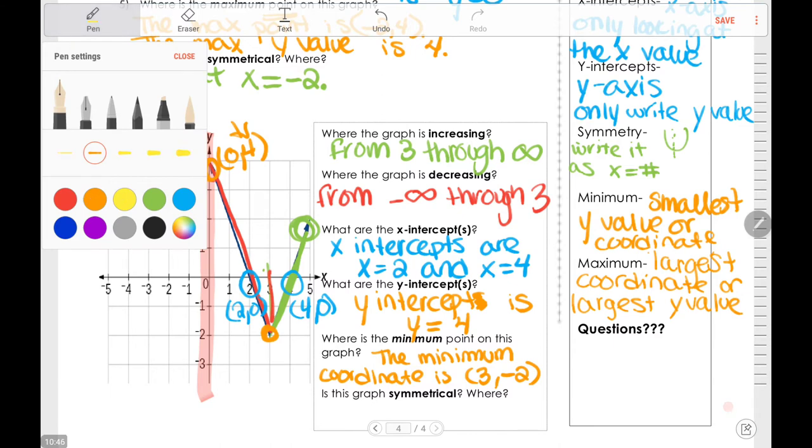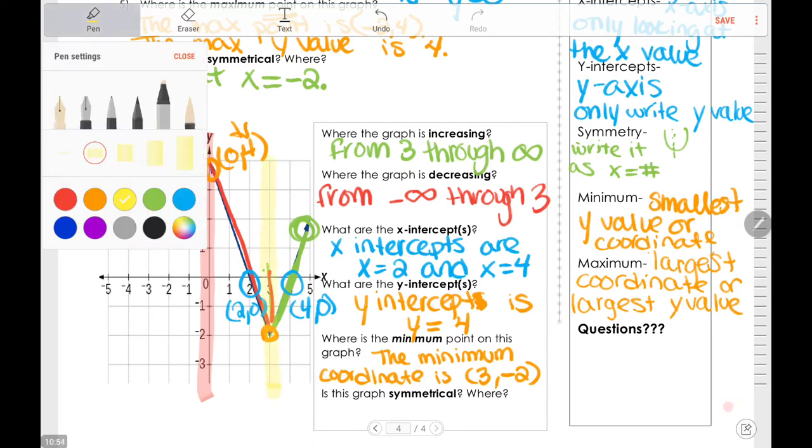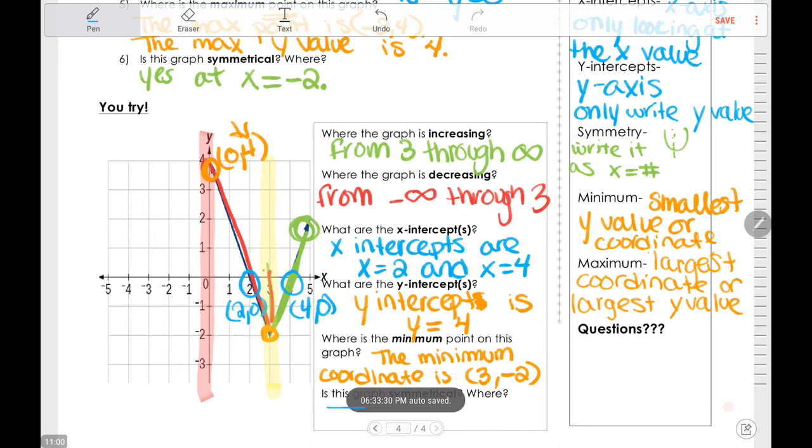And where is the graph symmetrical? I'll draw the imaginary line. It is symmetrical right down the middle. And again, we write that as it is symmetrical x equals 3.